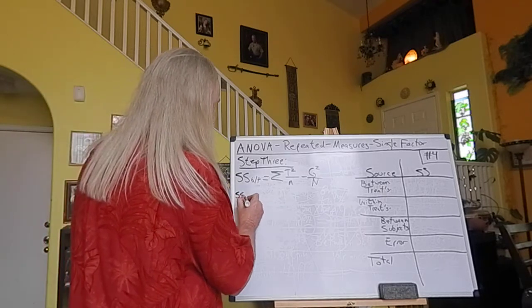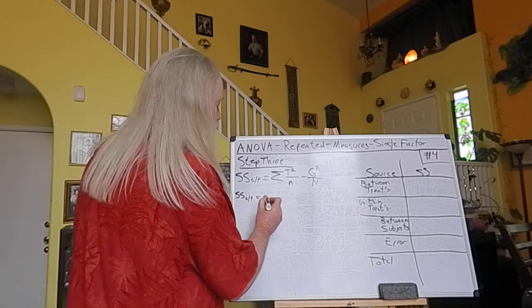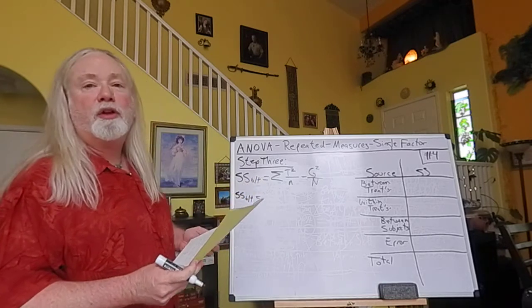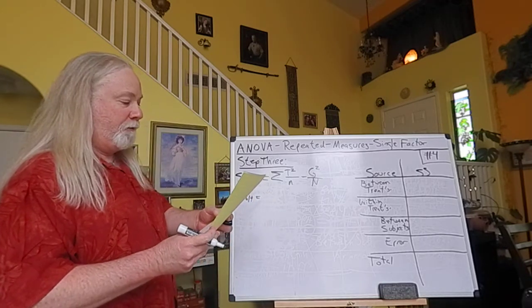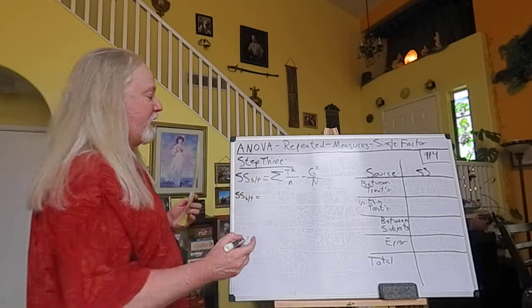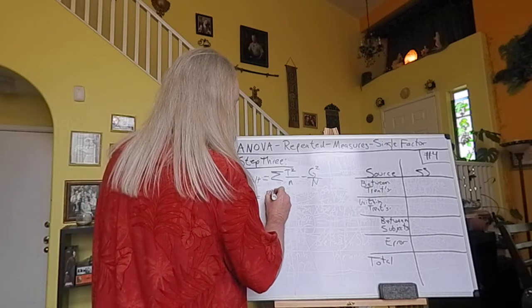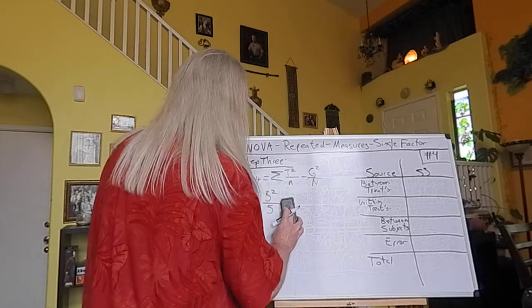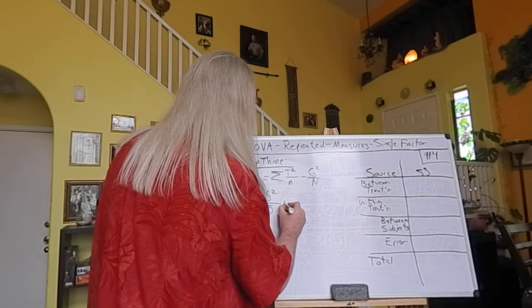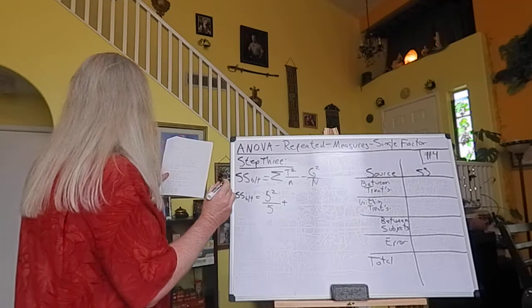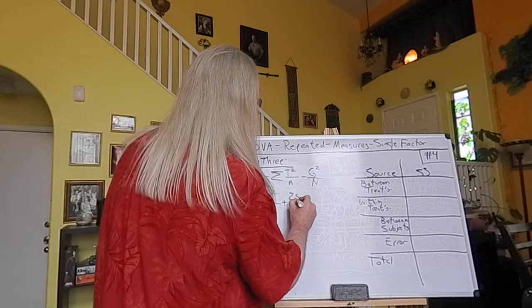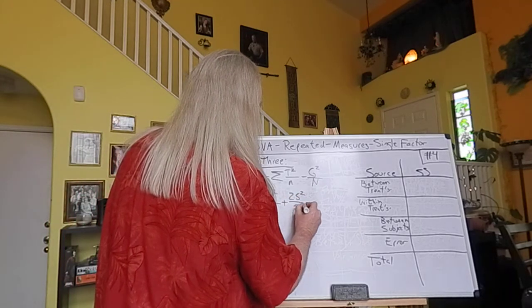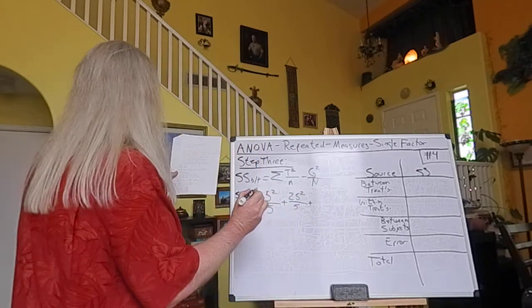So what this means is we have 3 treatment conditions, so there's 3 T values. The first treatment total is 5, and there are 5 scores in it. The second treatment total is 25. The third treatment total is 30.